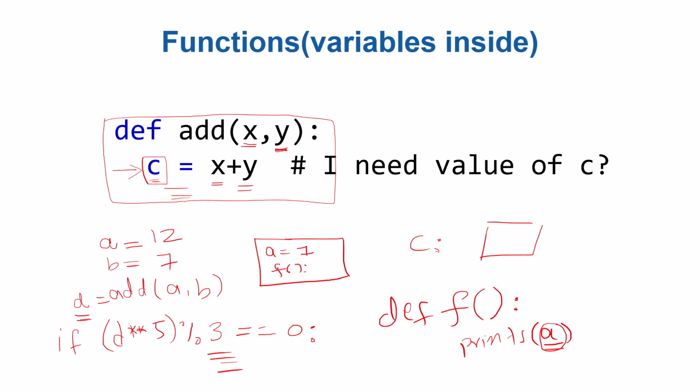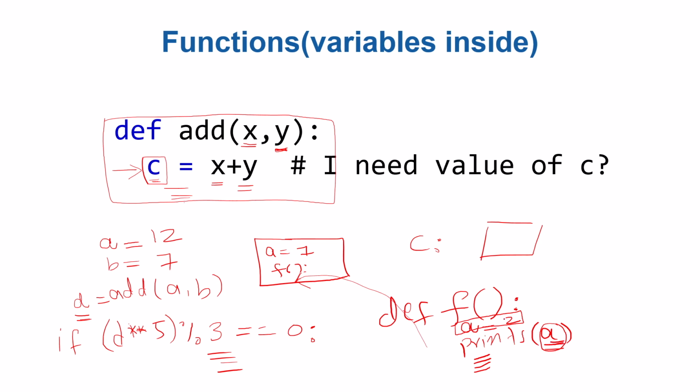So the variables that are available before the call are available inside the functions. But the variables that are defined inside the functions are not available outside. That's a problem. Further, if we define a here, a is equal to 2, now this a is sometimes called the local variable, or the function variable, the variable that is local to the function.